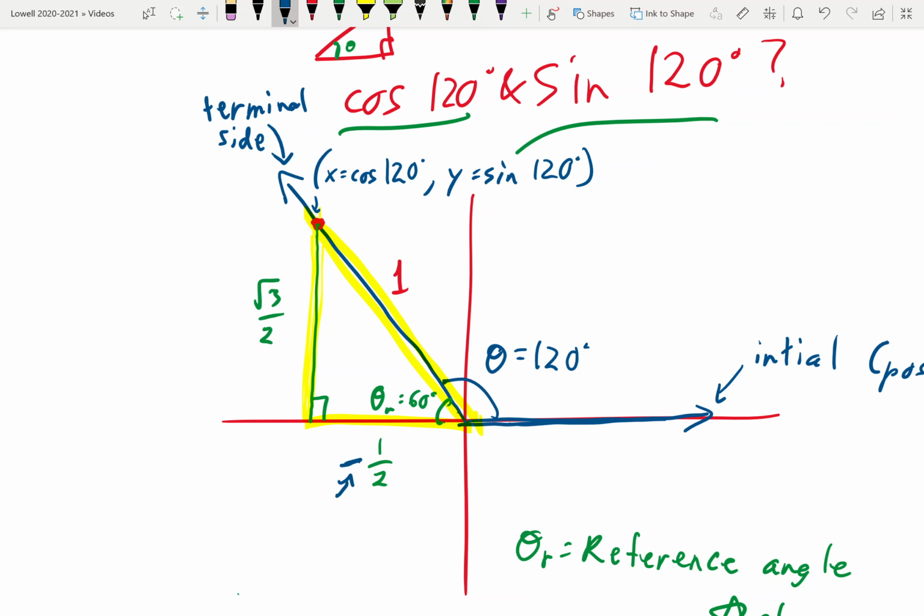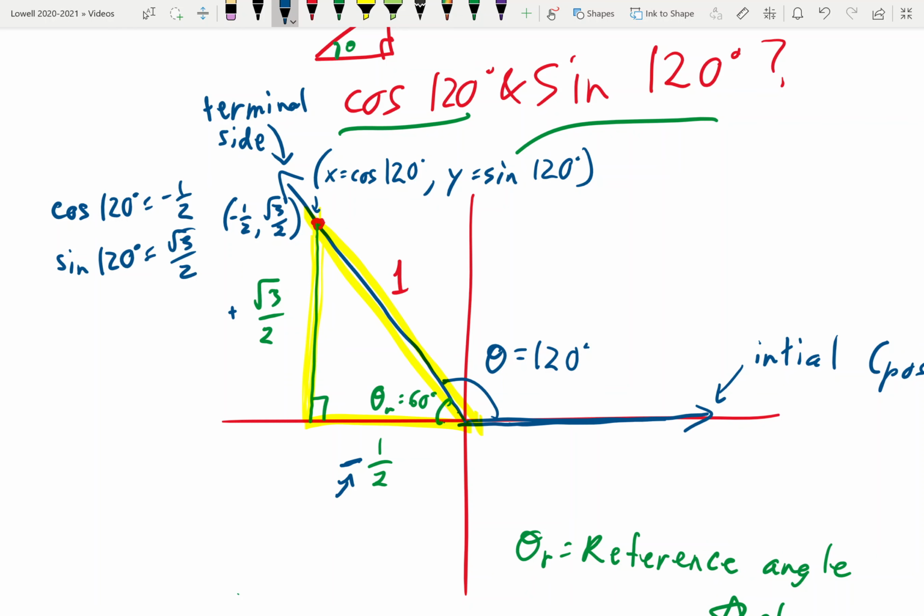And I'm positive root 3 over 2 right there. So the x and y coordinate of this point should be negative 1/2 comma root 3 over 2. Again, that tells us that cosine of 120 degrees is equal to negative 1/2, and sine 120 degrees is equal to root 3 over 2.